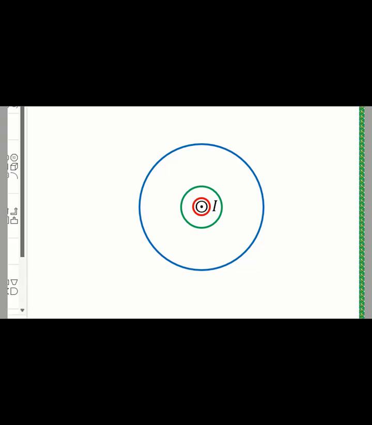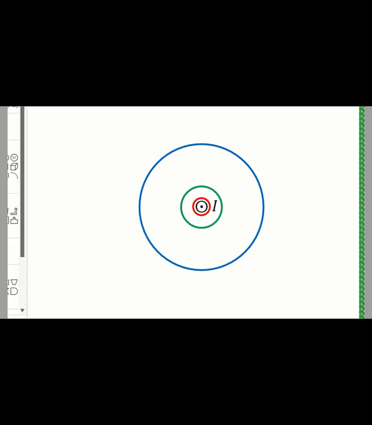Let me use the software to draw good circles for that. I will come back. Something like this. They are concentric circles around the wire. The most important thing when you draw these circles is the spacing of the circles.